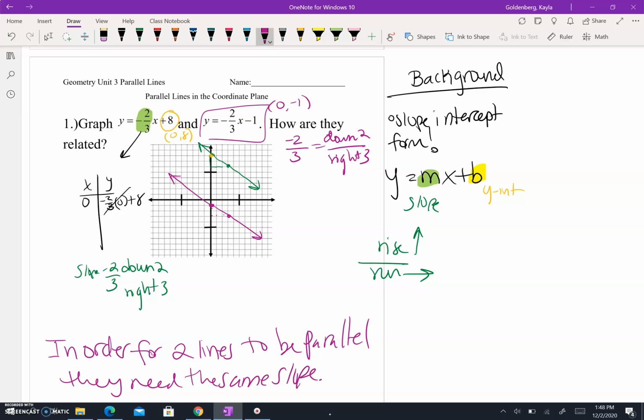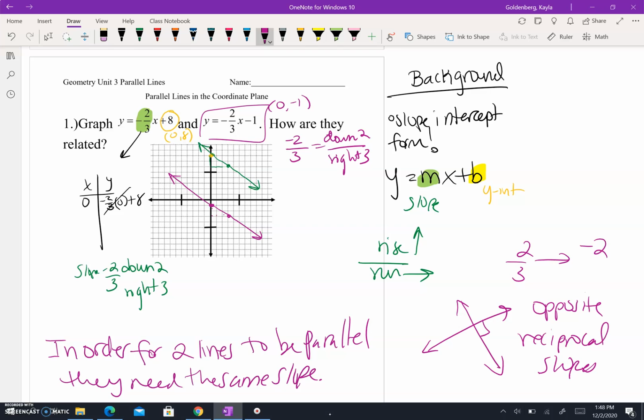Think back to when we did perpendicular lines. Perpendicular lines, if they had a right angle, that was when they had opposite reciprocal slopes. That's something like 2/3, and then negative, opposite, and then reciprocal is 3/2.